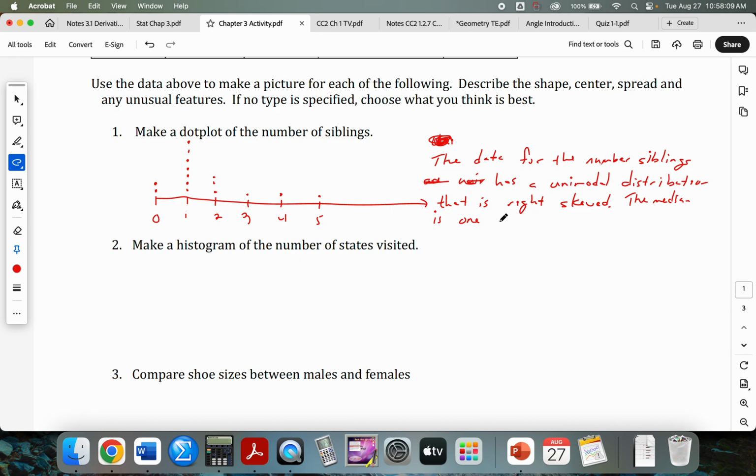I would actually talk about a couple of things for the spread. The median is 1, and there are between 0 and 5 siblings for each, with nearly half being 1.